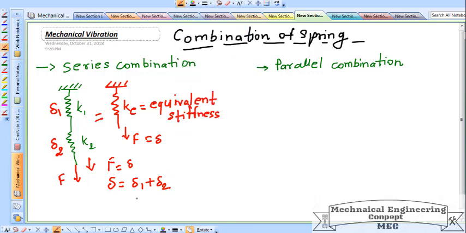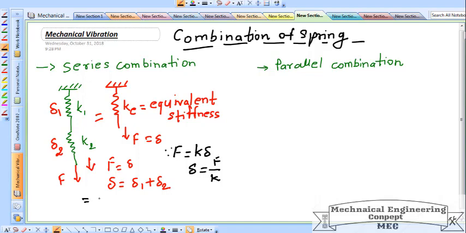As we know, load is equal to stiffness into displacement. So displacement can be written as force upon stiffness.